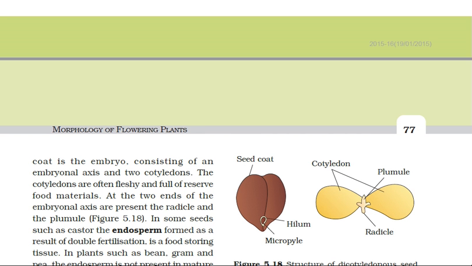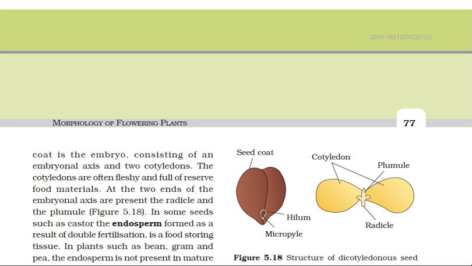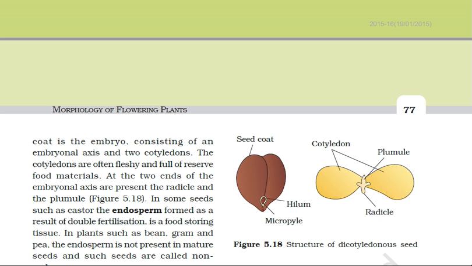In some seeds, such as castor, a food storing tissue called endosperm is present. Such seeds are called endospermic seeds, while in others, such as pea, gram and beans, endosperm is absent in the mature seeds. Such seeds are called non-endospermic seeds.